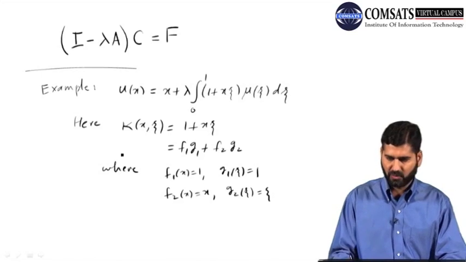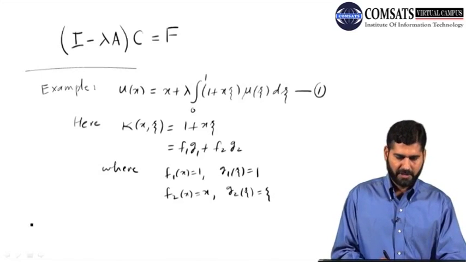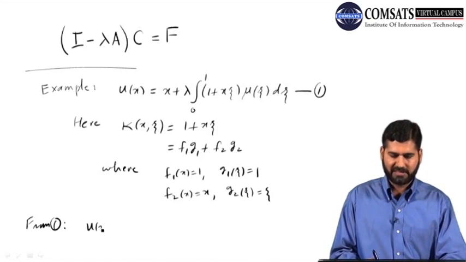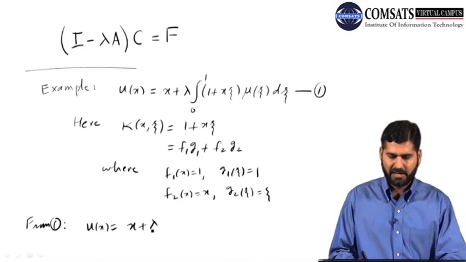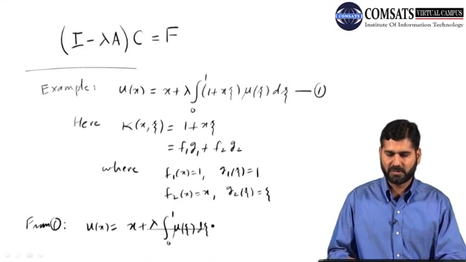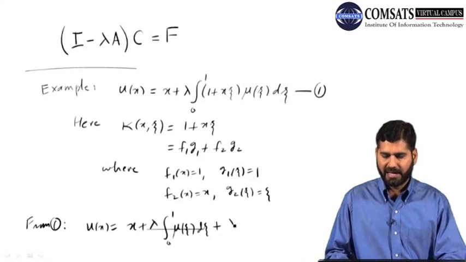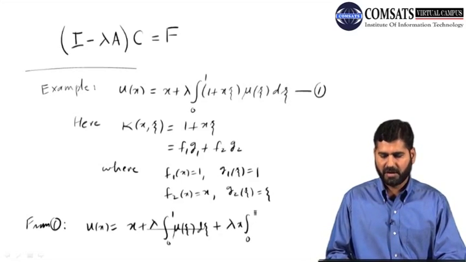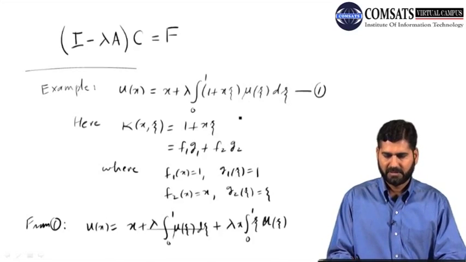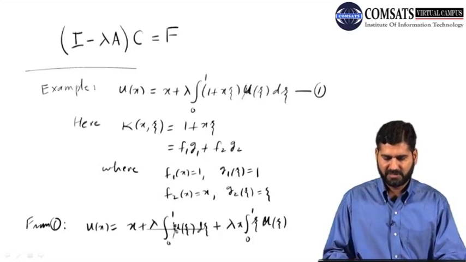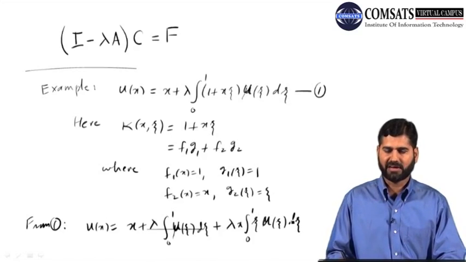Now if you rewrite this, you can write u(x) is equal to x plus lambda integral from 0 to 1 of u(xi) d xi, because it's 1 times this, plus lambda x, which can come out of the integral, times integral of xi u(xi) d xi.